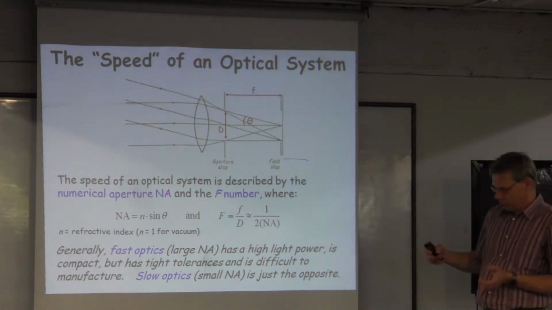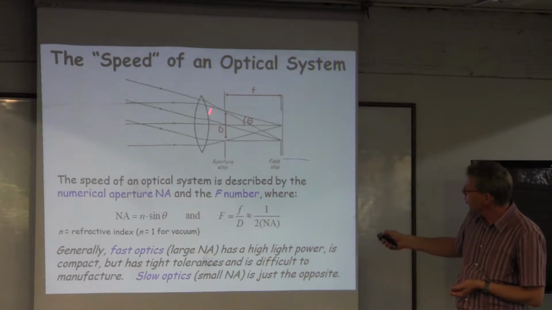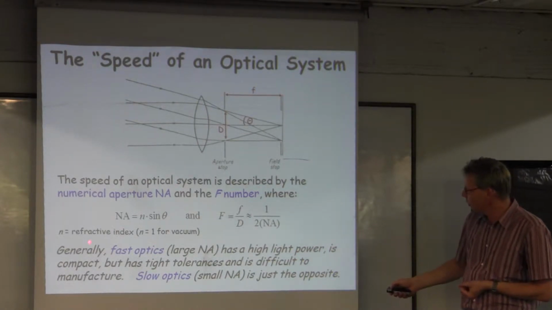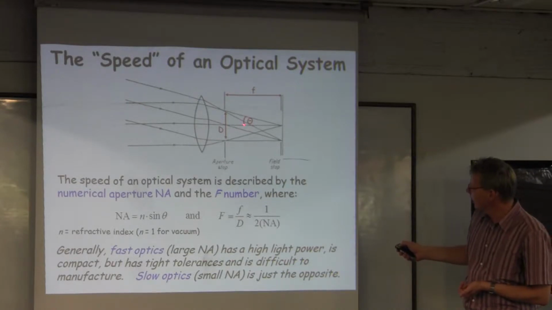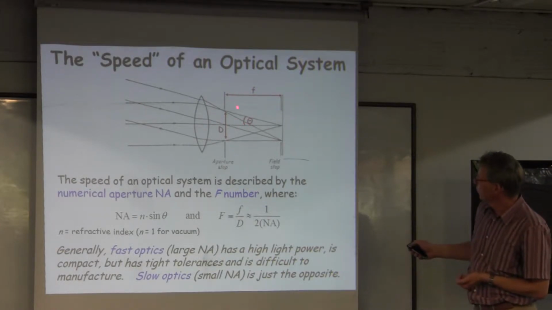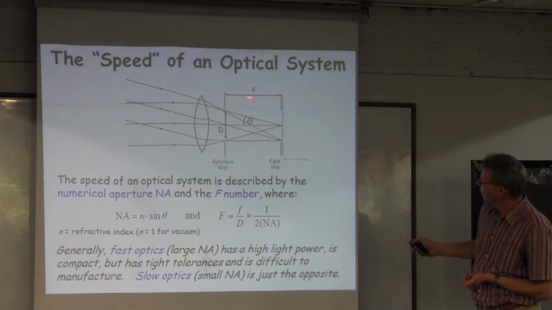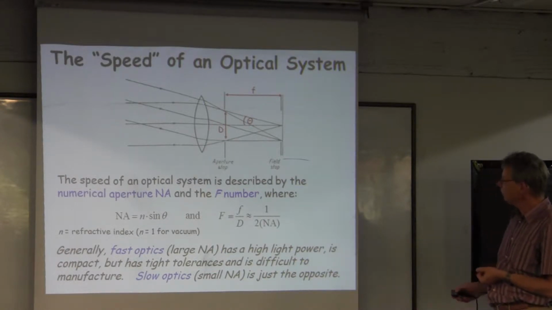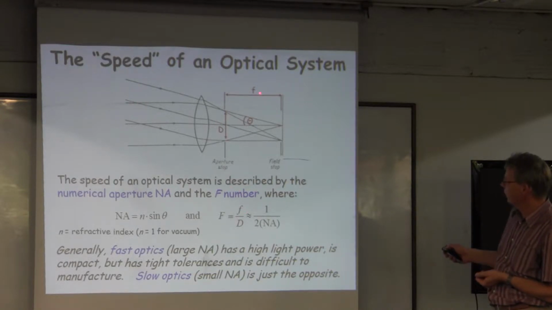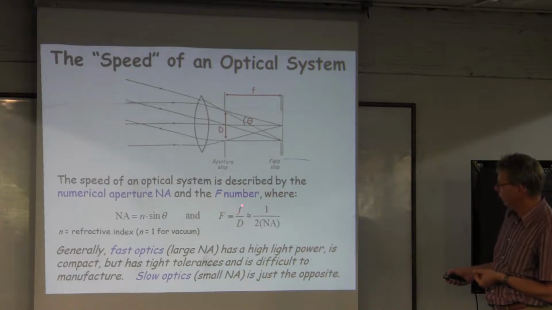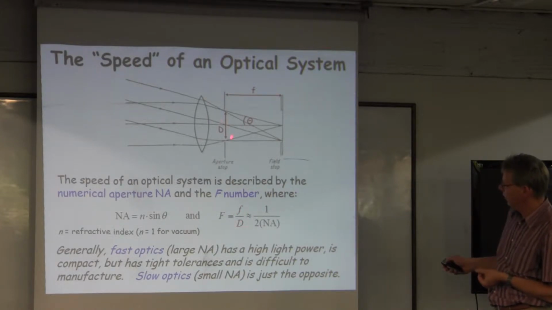And that requires, of course, that you make the optics more curved, that you require fast optics, where this angle here is relatively large, with respect to the focal length, which is relatively short. So you have a relatively large, what's called the F number, which is the ratio between the focal length and the diameter of the beam.